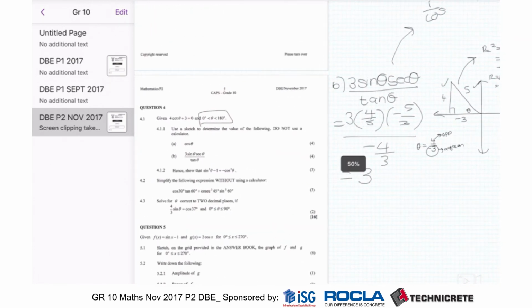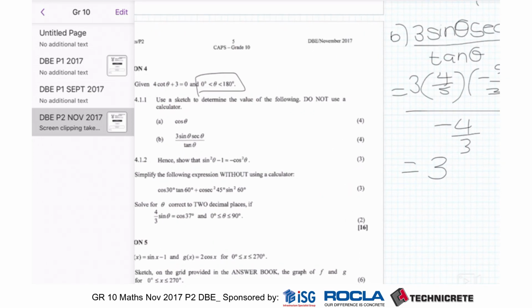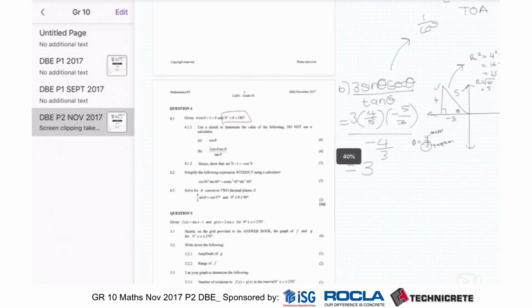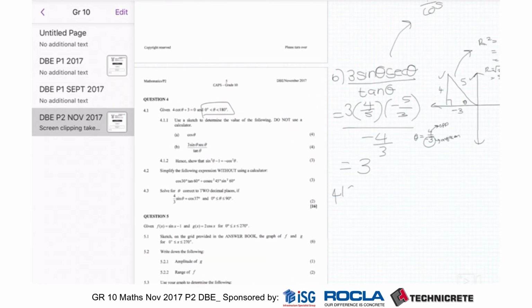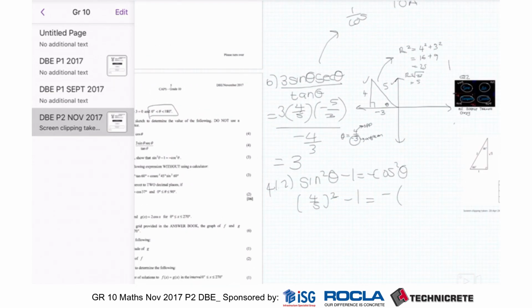Okay, next question says simplify, hence show that sine squared theta minus 1 is equal to negative cos squared theta. Okay, so firstly let's do that. This is 4.1.2. So we're proving that sine squared theta minus 1 is equal to negative cos squared theta. So sine squared is 4 over 5 squared minus 1, and cos squared is negative 3 over 5 squared.